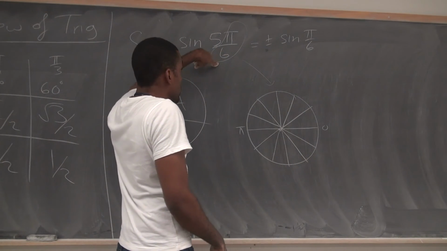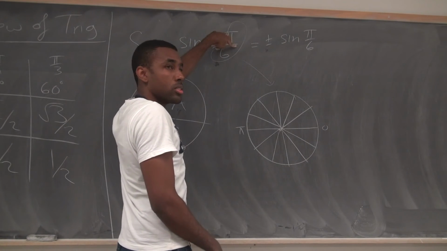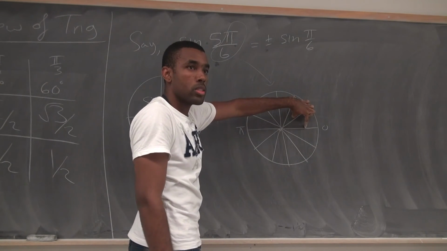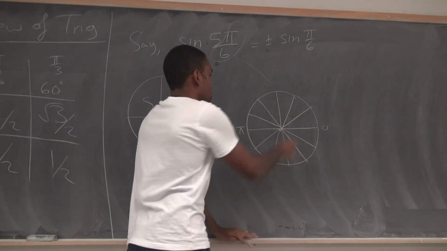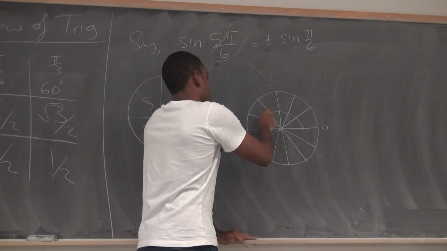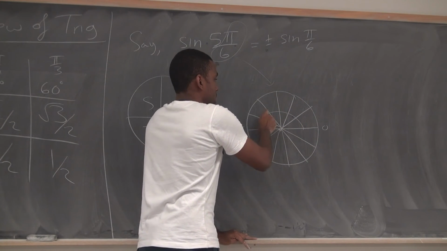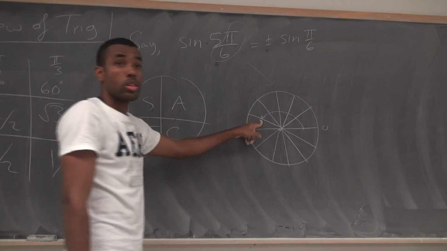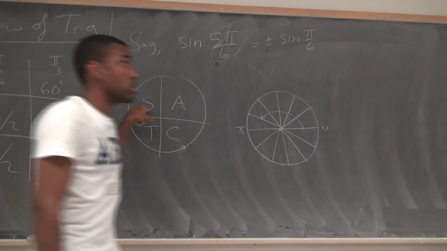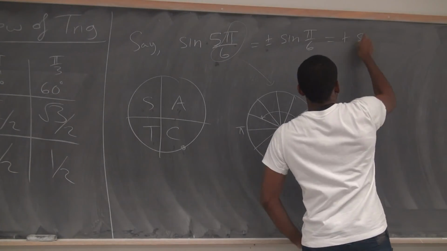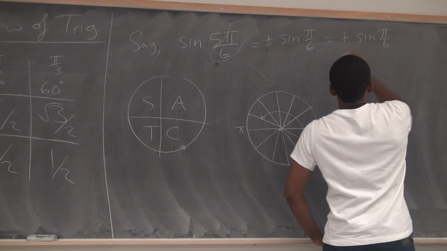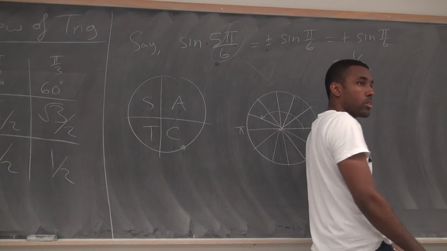Now I want 5 pi over 6. Each of these pizza slices is a pi over 6. Take 5 of them. 1 slice, 2 slice, 3 slice, 4 slice, 5 slices. End up in the second quadrant. Sine is positive in this quadrant. So this is plus sine of pi over 6, which we know the answer is a half.